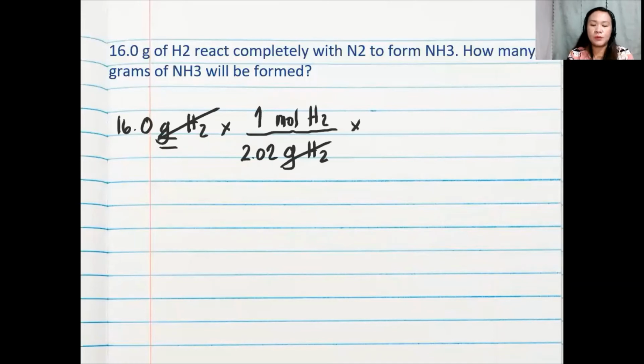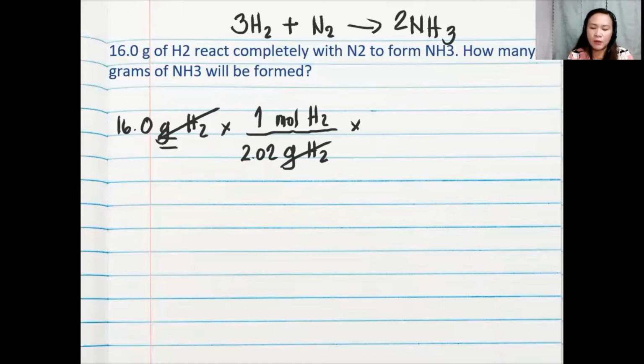Next we put the mole ratio. If we go back to the equation from a while ago, we are given 3 molecules of H2 plus 1 molecule of N2 will form 2 molecules of NH3.